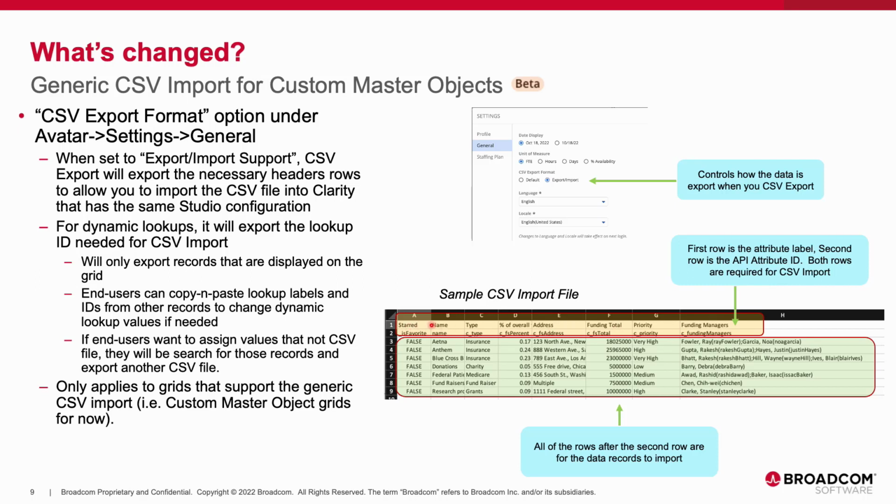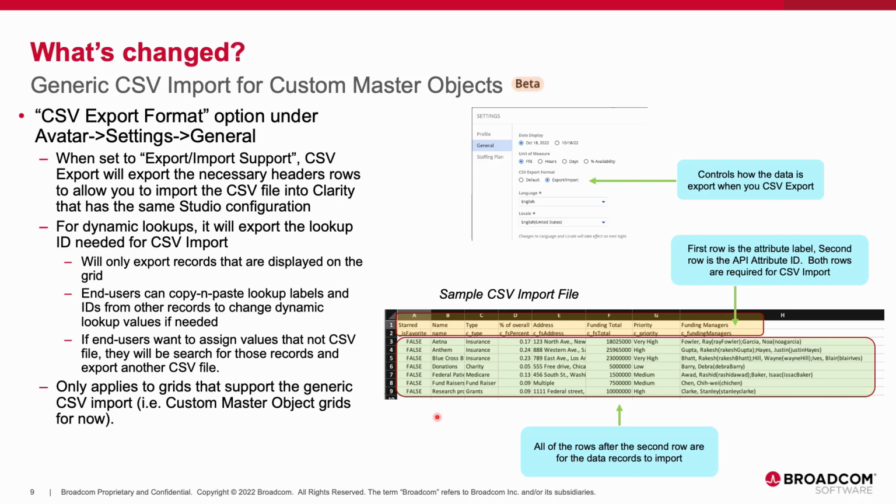It gives some identification labels for that particular column you're going to import, and the API attribute ID for that particular attribute. The remaining fields are the data you're going to import. It will export some additional information related to lookups, which we'll cover in a later slide. We feel this is better than the template that you downloaded, because in that template we only added sample data.